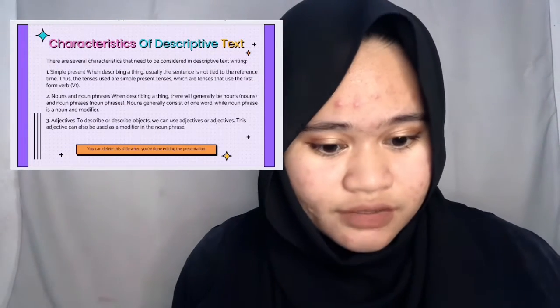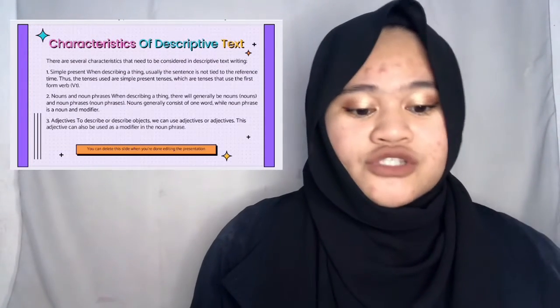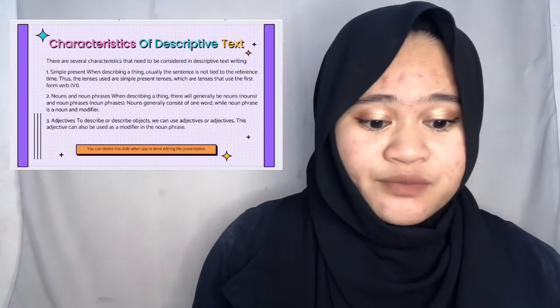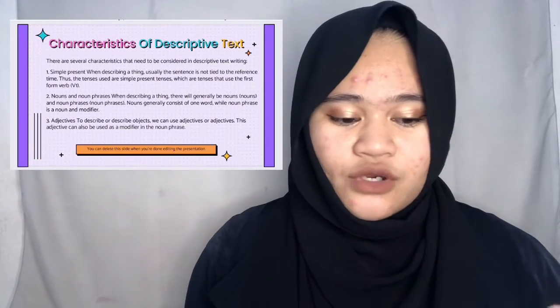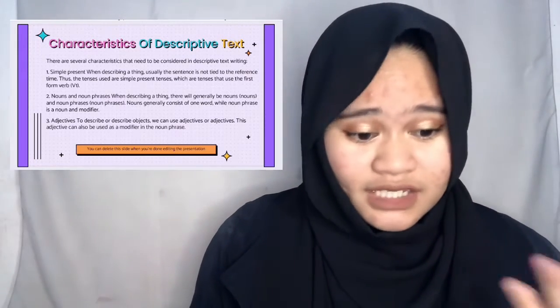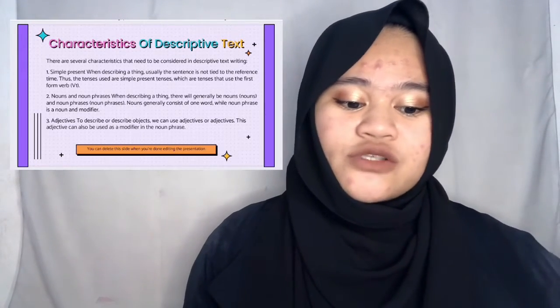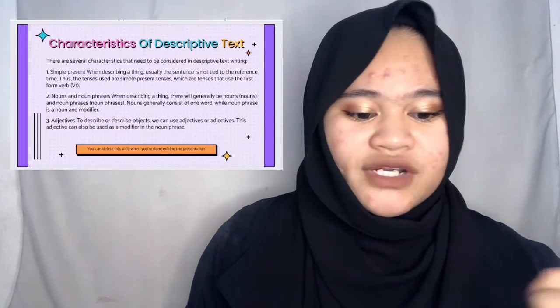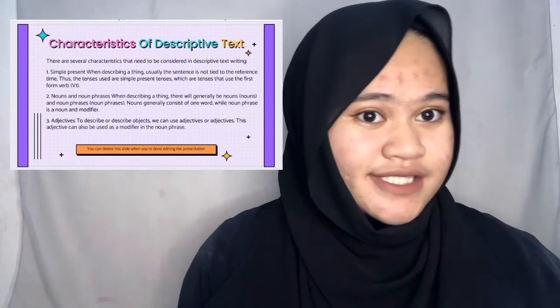Third, adjective. An adjective is used to describe an object. This adjective can also be used as a modifier in a noun phrase.